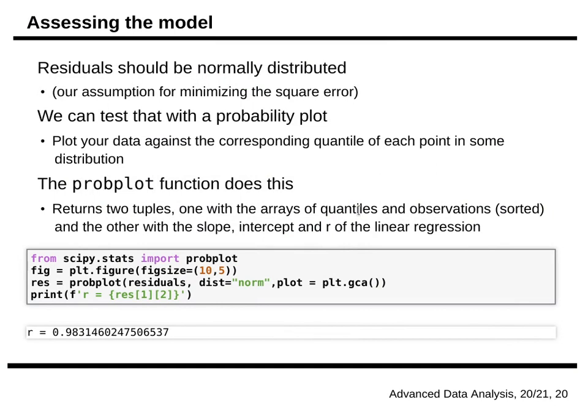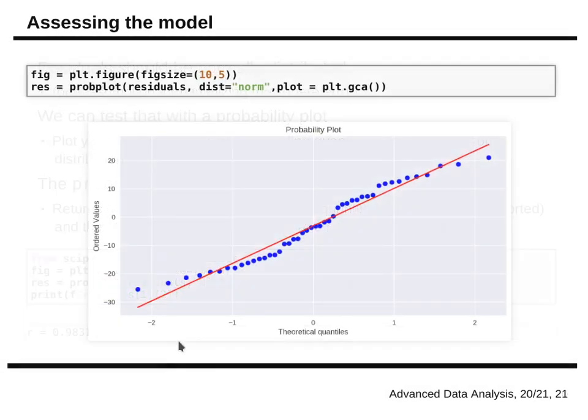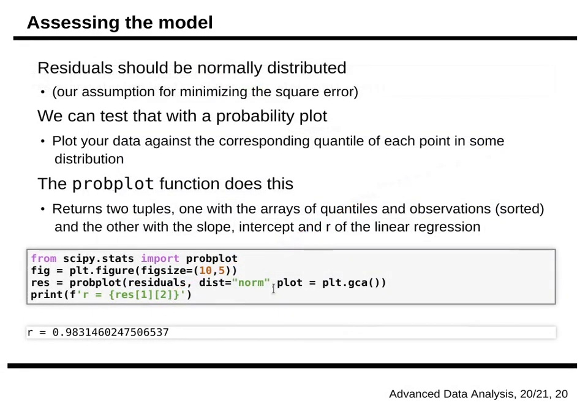So the easy way of doing this is using the probplot function in SciPy stats, and what this function returns is two tuples. One has the arrays: the array of the quantiles in the distribution that we choose. In this case, I'm choosing a normal distribution here. And the second array is the observations sorted.